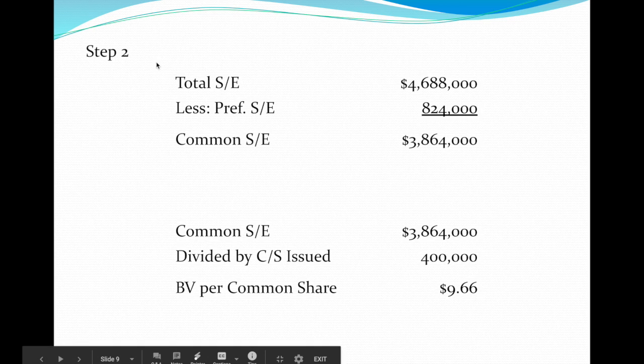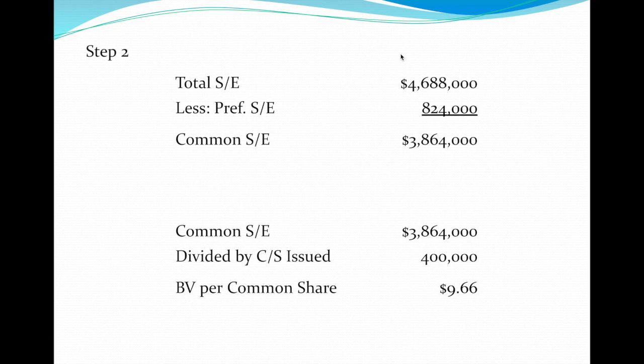Step 2, total shareholders' equity is equal to $4,688,000. This is assumed as a given, by the way. I didn't magically come up with this. Minus preferred shareholders' equity, which is the amount we got on the previous slide. And that gives us our common shareholders' equity, which is $3,864,000.